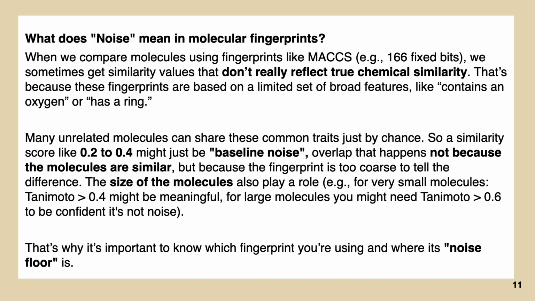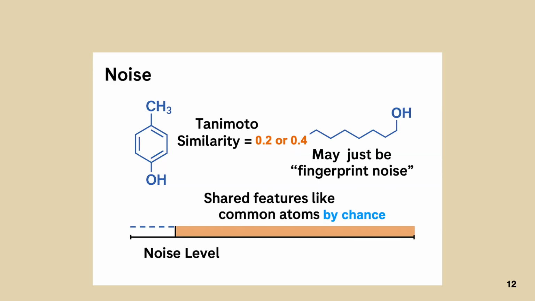Many unrelated molecules can share these common traits just by chance. So a similarity score, like 0.4, might just be fingerprint noise, overlap that happens not because the molecules are actually similar, but because the fingerprint is too coarse to tell the difference. On this slide, we just illustrate this notion of fingerprint noise.